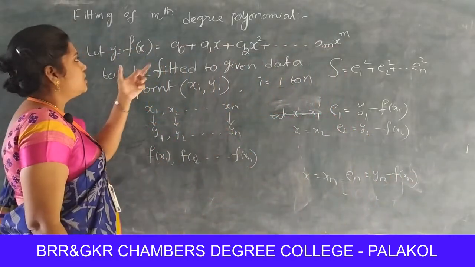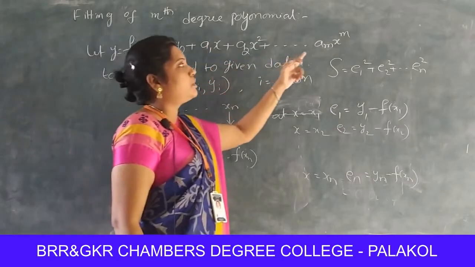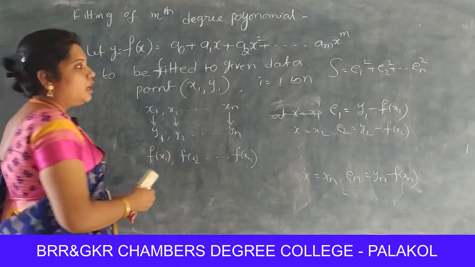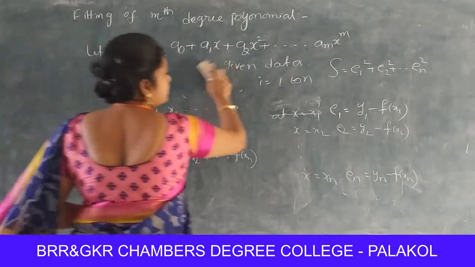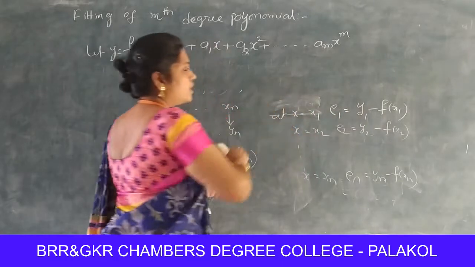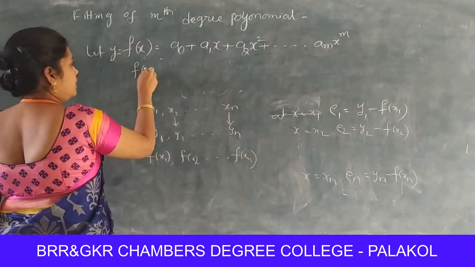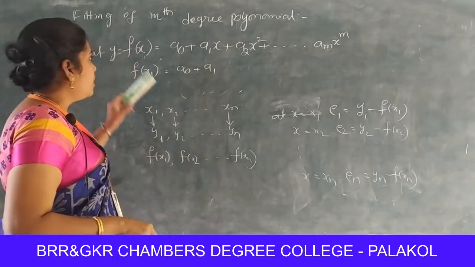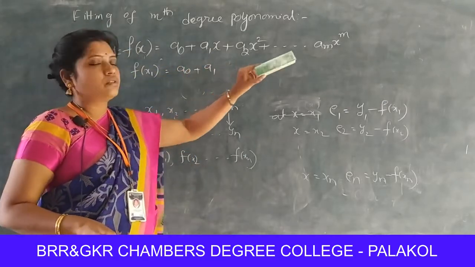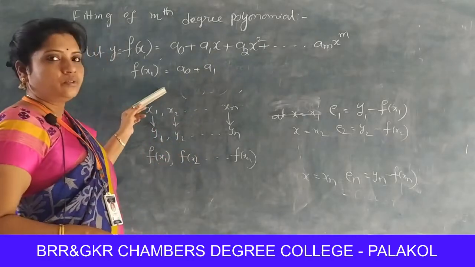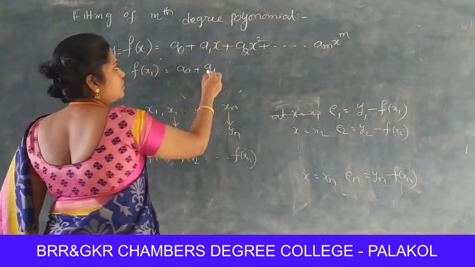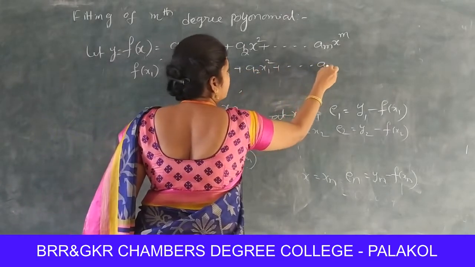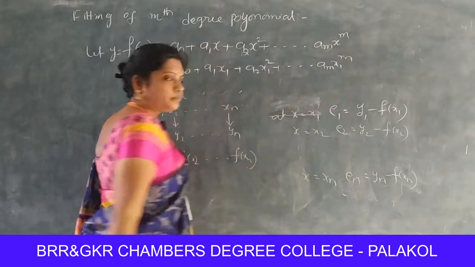Here f of x is a naught plus a1x plus a2x square and so on am x power m. So f of x1 can be written by replacing x with x1: a naught plus a1 into x1 plus a2 into x1 square and so on am into x1 power m.